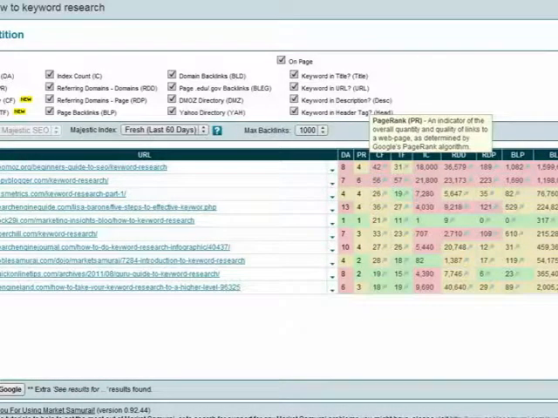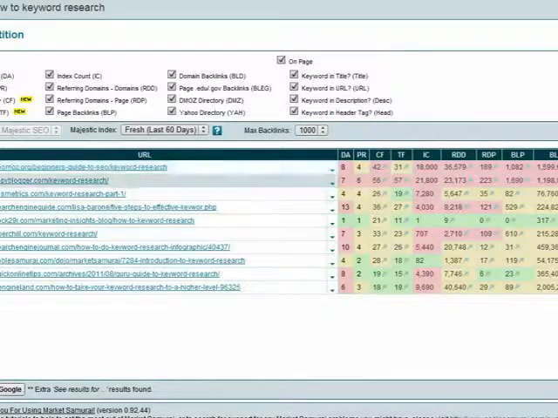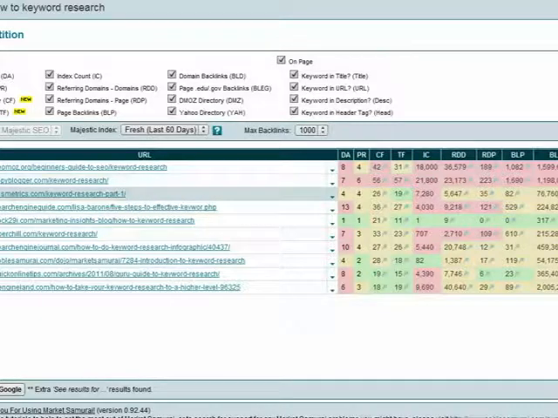If you have a really high page rank in the first, second, and third position, which is where most of the clicks to the sites are going to occur, then you know that your competition is pretty strong. For this particular phrase, how to keyword research, you've got a PR4, a PR6, and a PR4 in the first 3 positions.